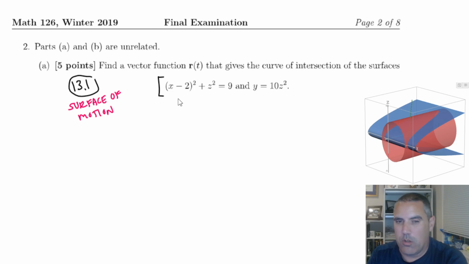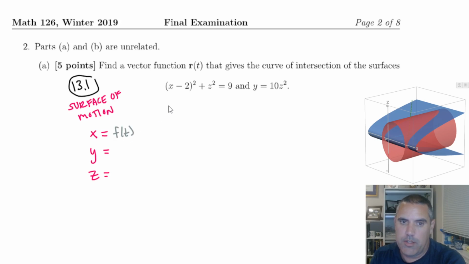Remember, when you are trying to parameterize, you're trying to describe the intersection of those two things. You are given a lot of freedom. You can pick anything you want for x, for y, and for z. The only rule is that whatever equations you pick have to always work in those two equations.